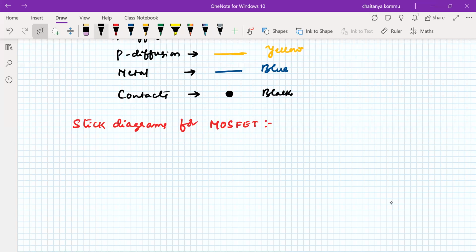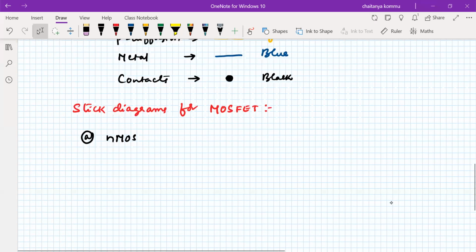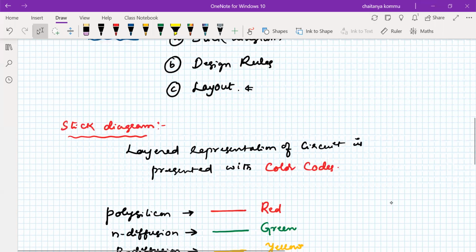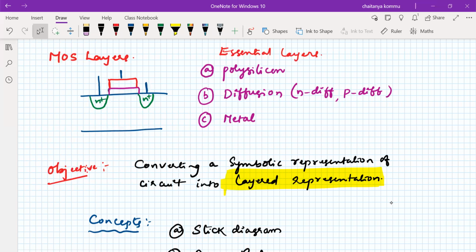For example, an NMOS transistor, let us consider an NMOS MOSFET. What we can look at in this one is that stick means there is no bending. Stick is not a bended one, so it is a straight one. So whenever you draw a particular color, it must be a straight line. It is a horizontal line or it may be a vertical line. It should not be a curved one. Okay, please remember that part.